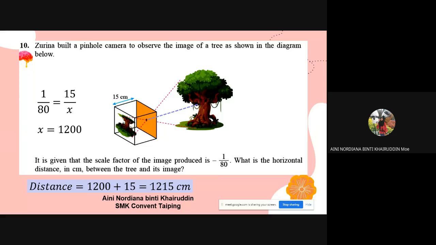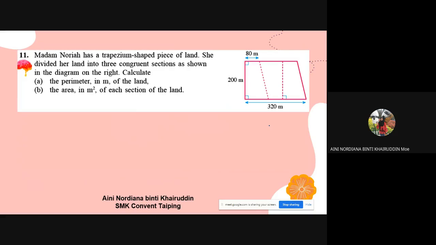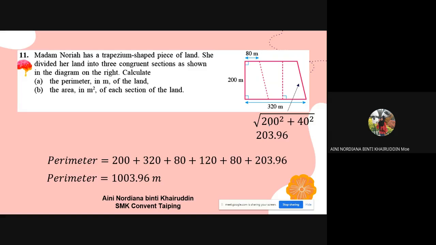So this is the answer between the tree and its image. Question number 11. A, the perimeter.